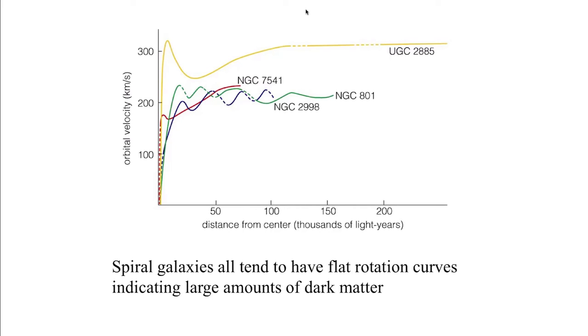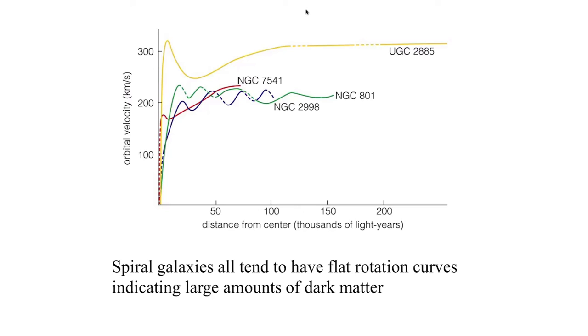They extend, in some cases, much further from the center than we were even able to measure for the Milky Way. Remember, the Milky Way stopped at about 40,000 light years. These extend out to 50, 100, sometimes even 150,000 light years. We can still measure these rotation curves, and they're fairly flat all the way out there. There's some wiggles, but they're not changing drastically up and down as you move outwards in these galaxies.